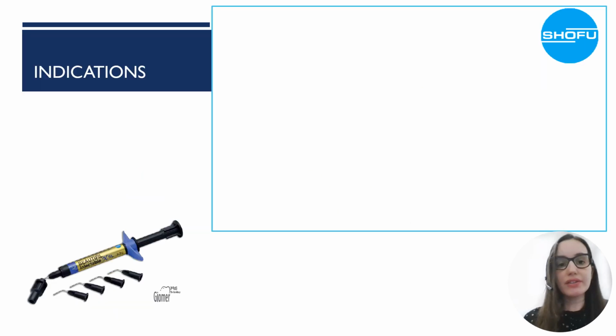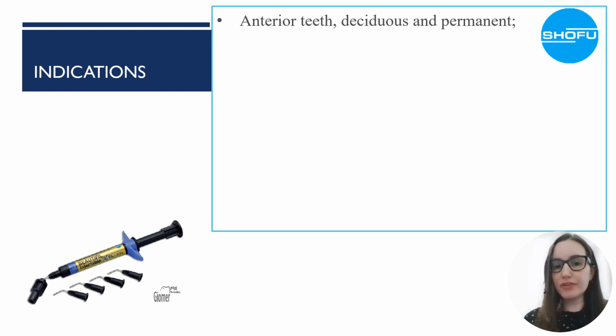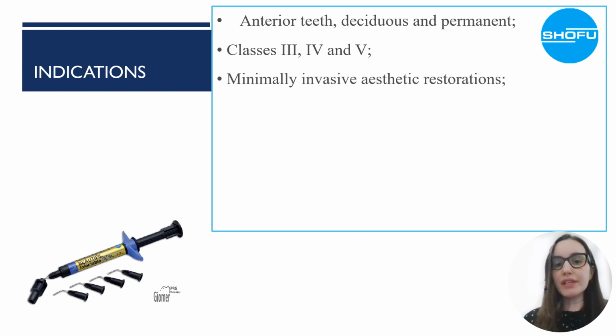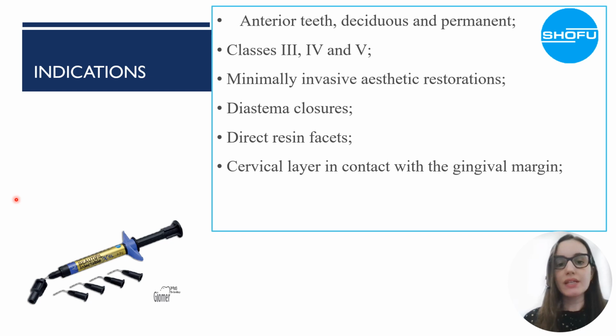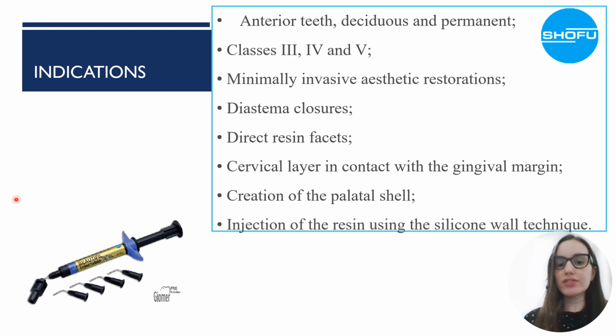This one is indicated for anterior teeth, deciduous or permanent, classes 3, 4, and 5, minimally invasive aesthetic restorations, diastema closures, direct resin facets, cervical layer in contact with the gingival margin, creation of the palatal shell, and injection of resin using the silicone wall technique.